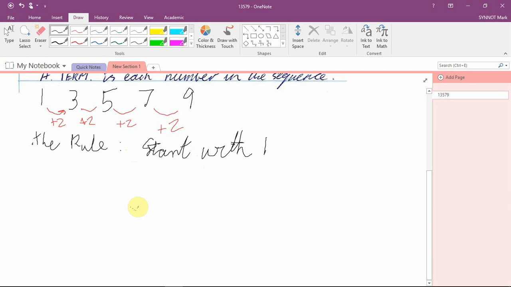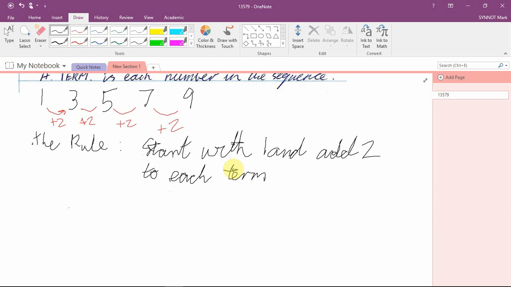So start with 1 and add 2 to each term. All right, so for that sequence, that would be the rule. Might be a good rule, might not be a good rule, but nonetheless, it's a rule.